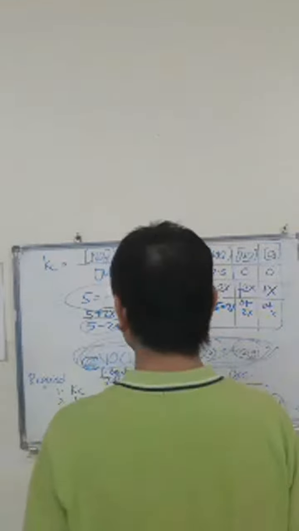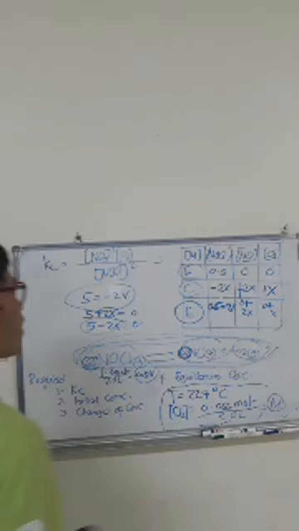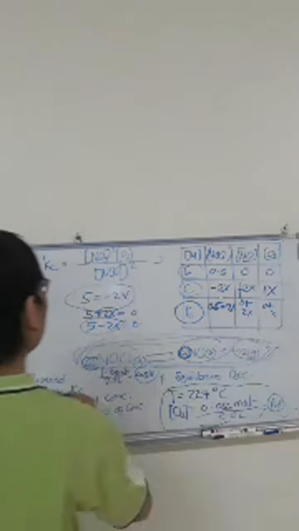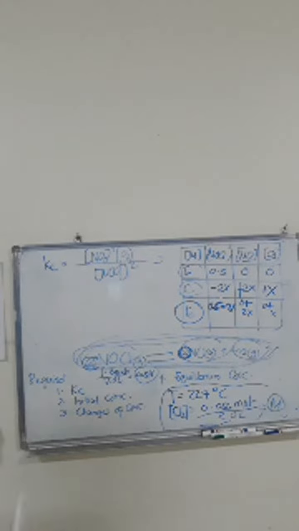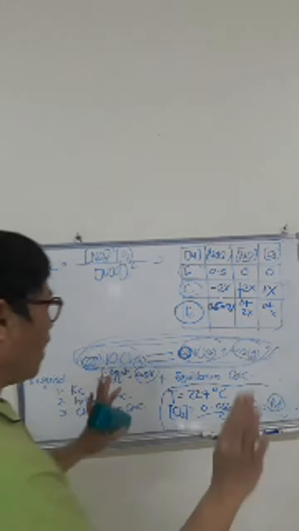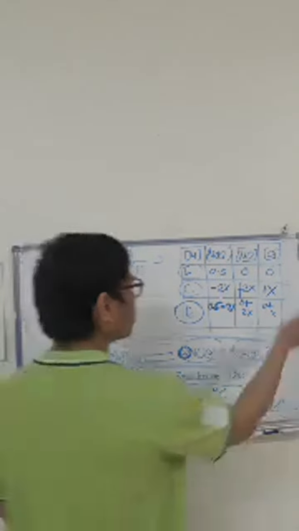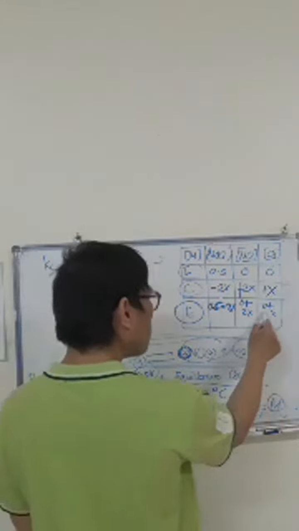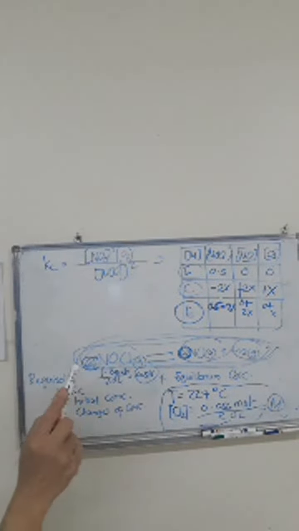Now, going back to this particular problem, we need to substitute our concentrations. Okay, substitute values. But take note, we have the chlorine at equilibrium. Chlorine, and you have chlorine also here. We have 0 plus x, meaning that is in equilibrium.